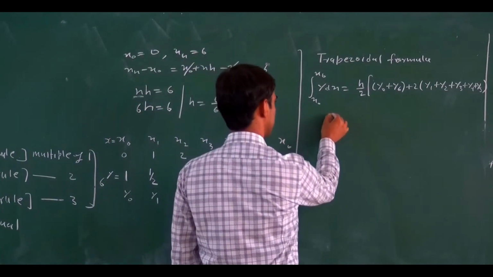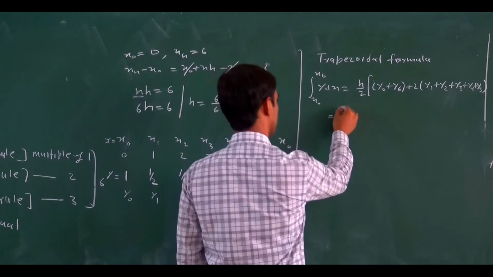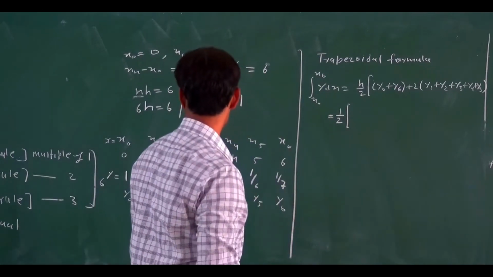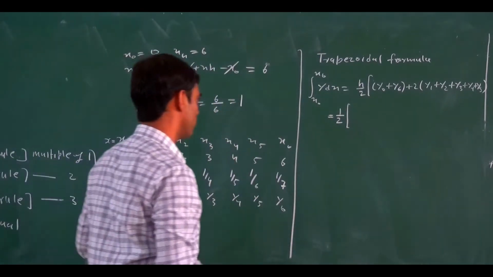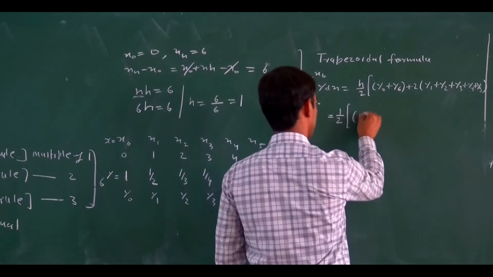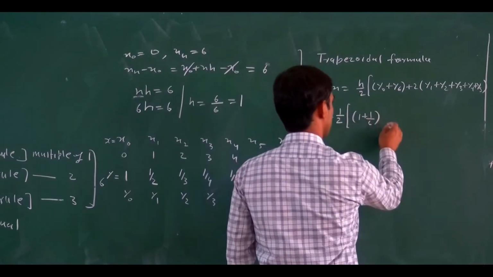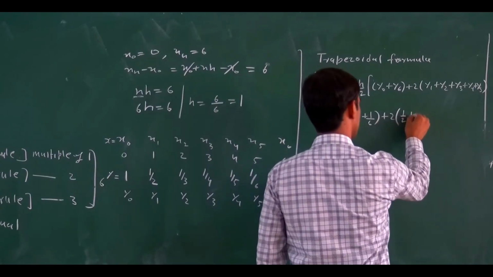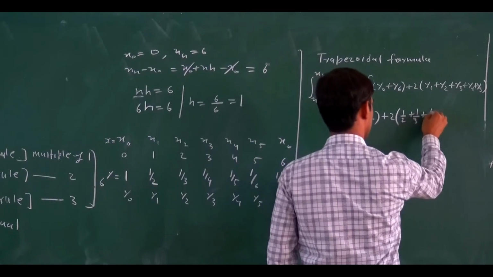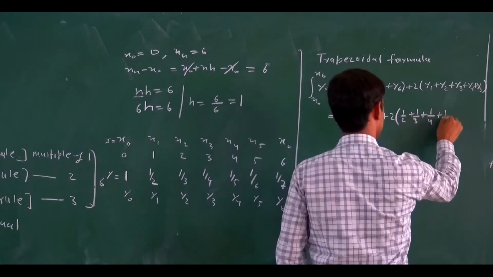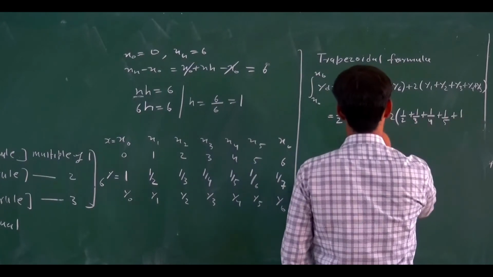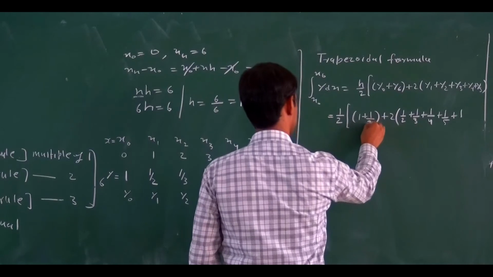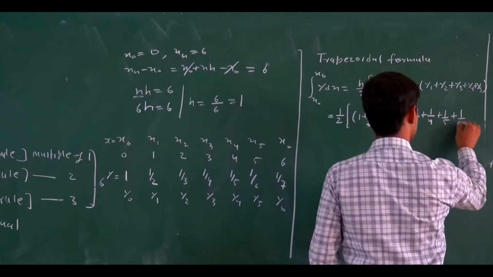Now we put in the values. What is the value of the integration? The value of h is 1 by 2. Inside, y0 is 1 and y6 is 1 by 7, so 1 plus 1 by 7, plus 2 times y1 which is 1 by 2 plus 1 by 3 plus 1 by 4 plus 1 by 5 plus 1 by 6.